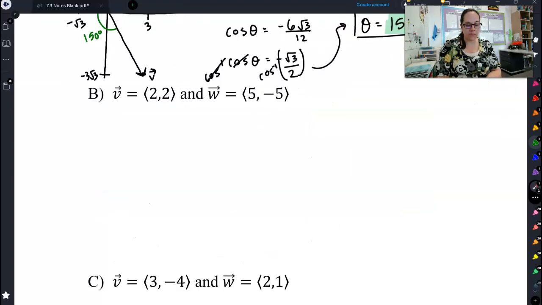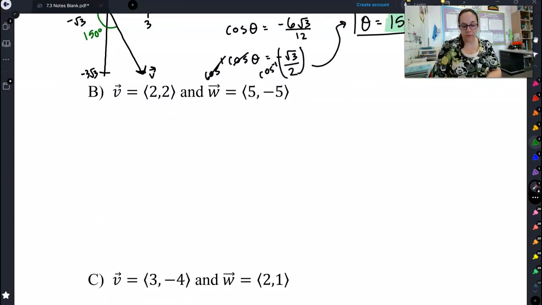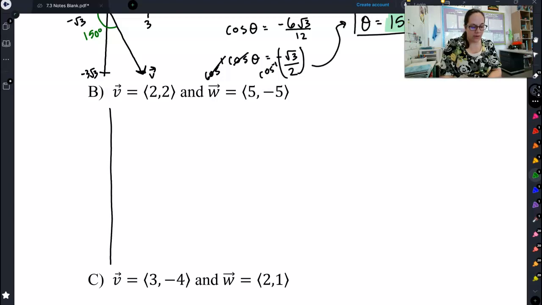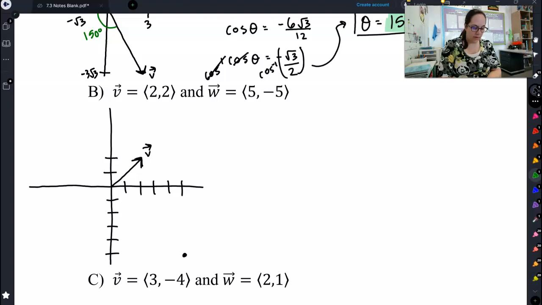So now that we've done that, we have two more examples. I would like you to try this next example. Let's start by sketching them out together. So I have 2, 2. There's vector v. And 1, 2, 3, 4, 5, comma, negative 5. There's vector w.